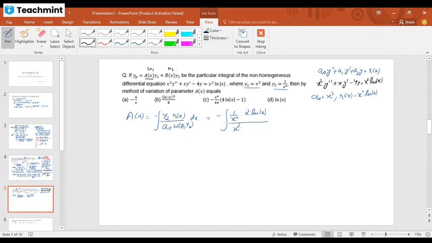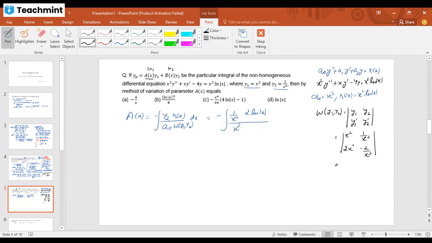So firstly, we need to calculate the Wronskian of y1 and y2. What is the Wronskian of y1 and y2? This is the determinant of y1, y2, y1' and y2'. So what is y1? It is x², y2 is 1 upon x², y1' is 2x, y2' is minus 2 upon x³.